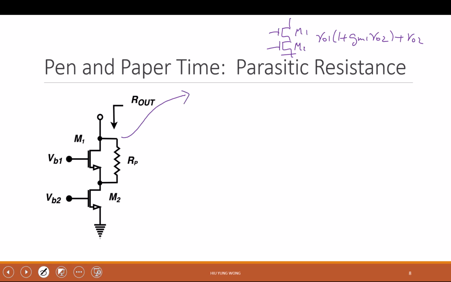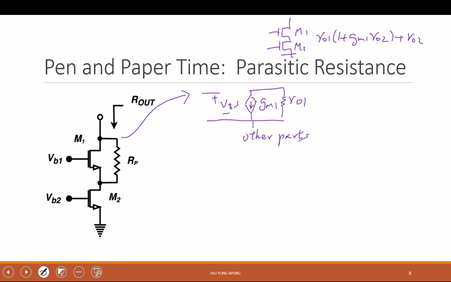Now, if you draw the small signal model of M1, you assume you draw everything, but I only need to zoom into M1. GM1 VGS1, you will get RO1, right? And then you have other parts, correct?